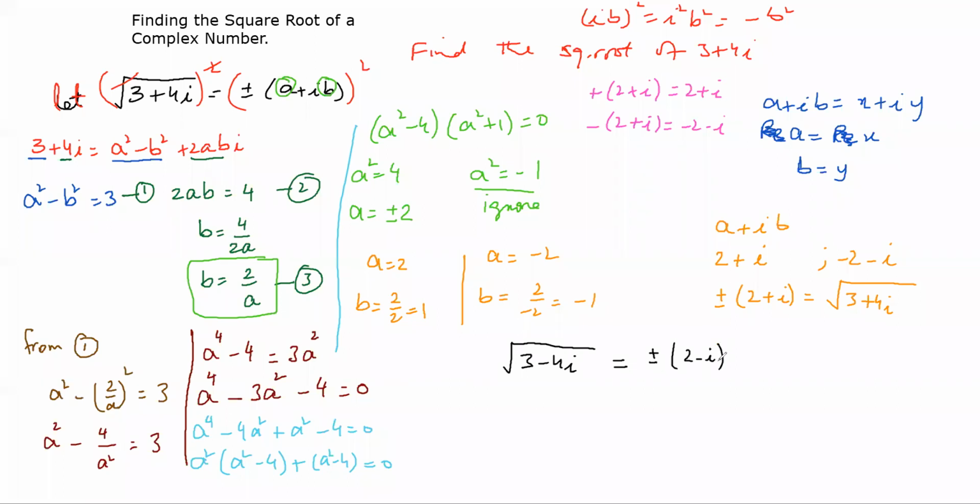Now let me give you the reason why this is going to be plus minus 2 minus iota. If you go back into this working over here, you're just going to assume that there is a minus over here. And when you equate the real part to the real part and the imaginary part with the imaginary part, this will be minus 4.